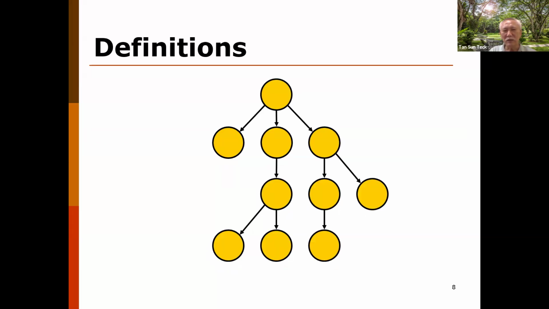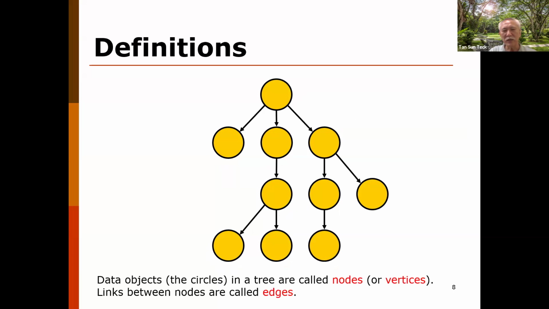First of all, the vertex. Okay, data objects in the circles in the tree are called nodes, or sometimes you can call them vertices, especially during the next two or three lectures later. We are going to look at graphs. So in graphs, we call them vertices because it's actually a vertex representing some location and so on. Yeah, and then the links between nodes are called edges.